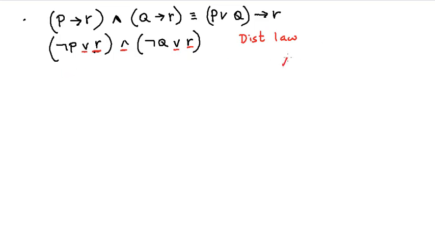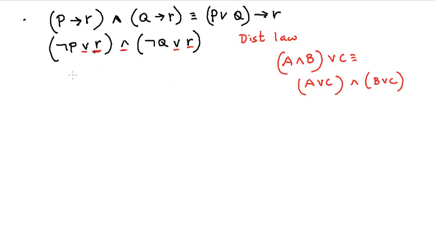The distributive law says A and B or C is equivalent to A or C and B or C, right? Same thing, very identical. Now apply the right hand side and substitute with the left hand side here, right?